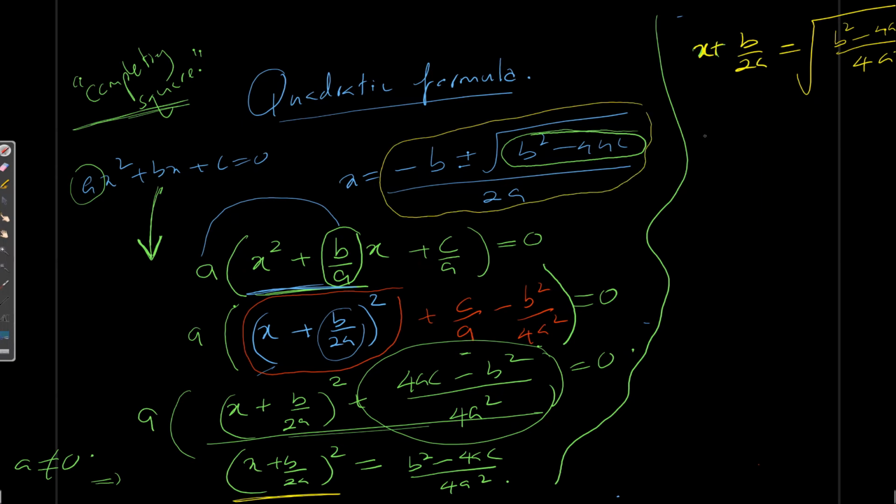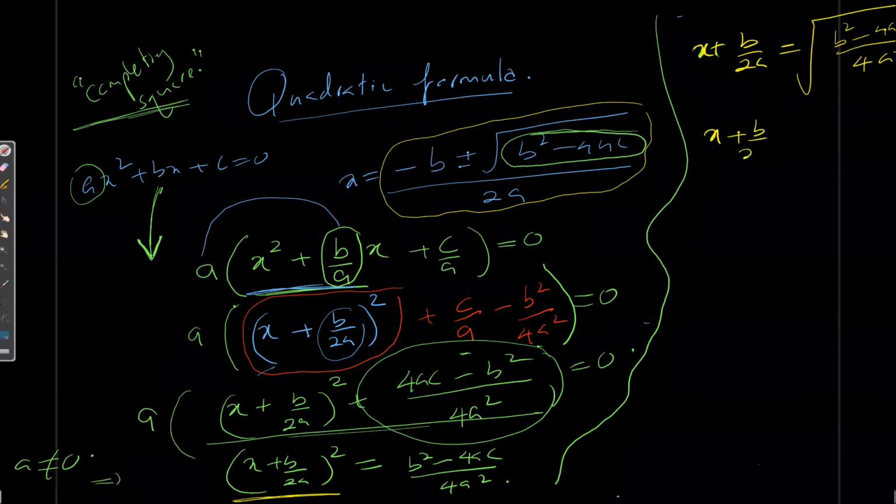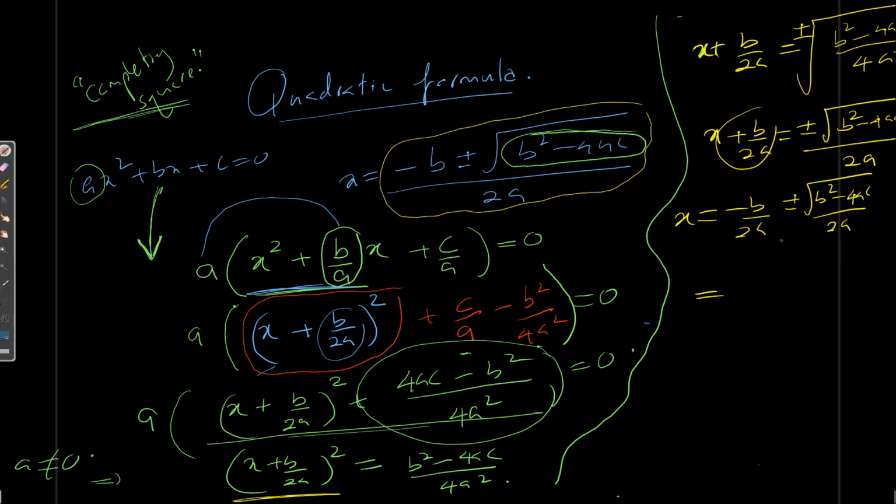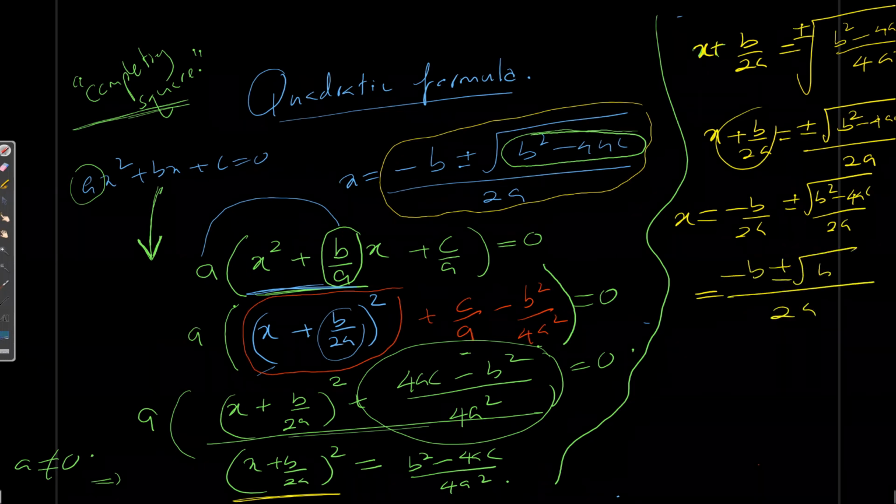So x plus b over 2a equals plus or minus, top part square root of b squared minus 4ac, bottom part square root of 4a squared, which is 2a. Now it's a matter of taking this term to the right-hand side: negative b over 2a plus or minus the square root of b squared minus 4ac over 2a. Now we have the common denominator 2a, so negative b plus or minus the square root of b squared minus 4ac.